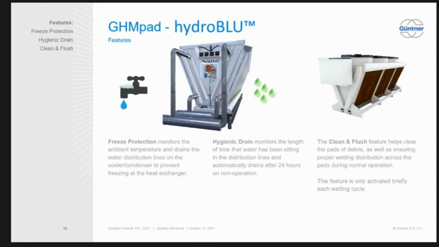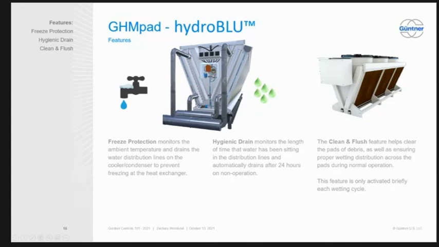But another misconception about our units is that they're pump and dump and they use a whole lot of water. Well, what we do is, because we have a control valve feeding the adiabatic side of it, we meter the water that goes across the pads.